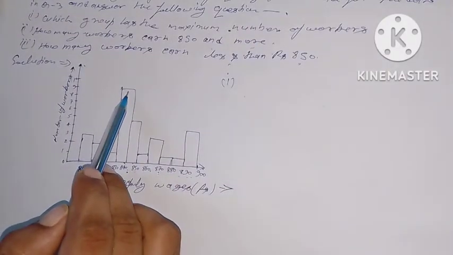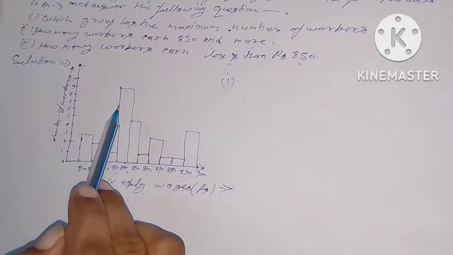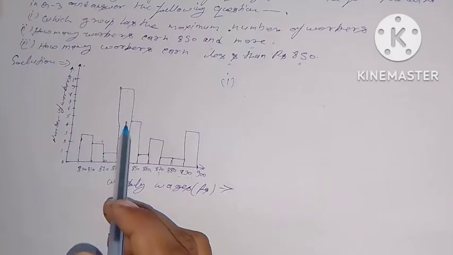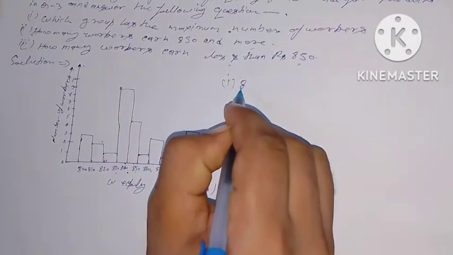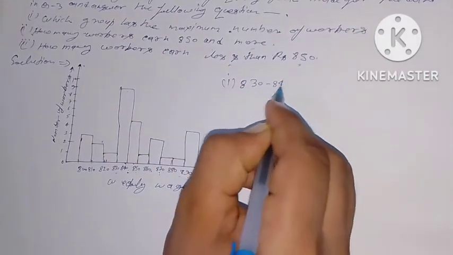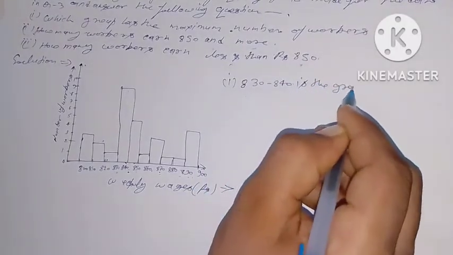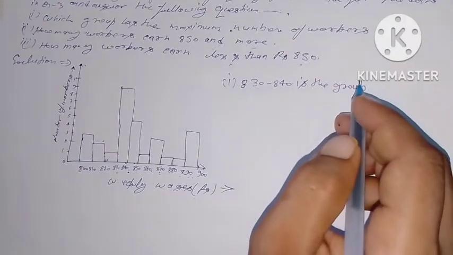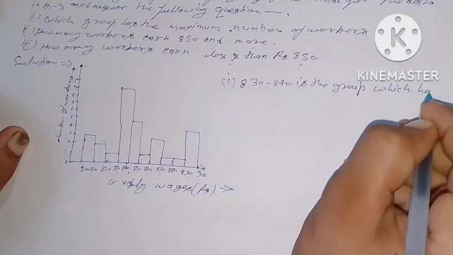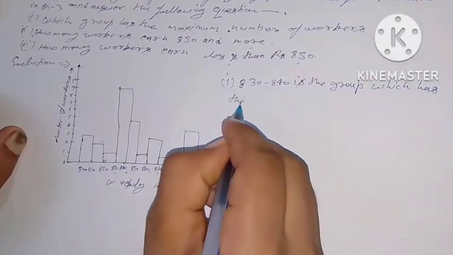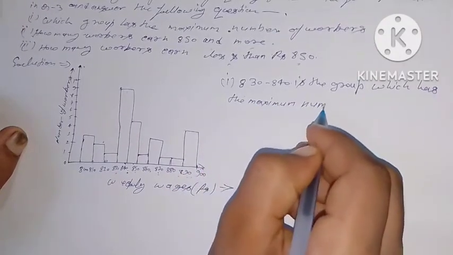This group has the maximum number of workers, 830 to 840, because the bar graph has the maximum height in this group. So 830 to 840 is the group which has the maximum number of workers.